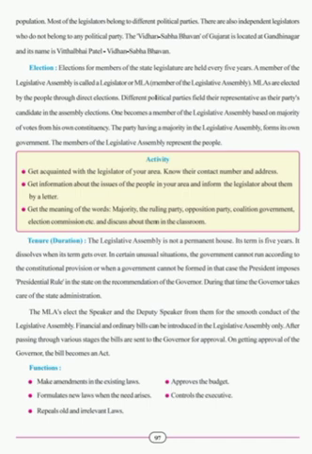Students, elections for the members of the state legislature are held every 5 years. A member of the Legislative Assembly is called a legislator or MLA. MLA means member of Legislative Assembly. MLAs are elected by the people through direct elections. Different political parties field their representatives as their party's candidates in the assembly elections.